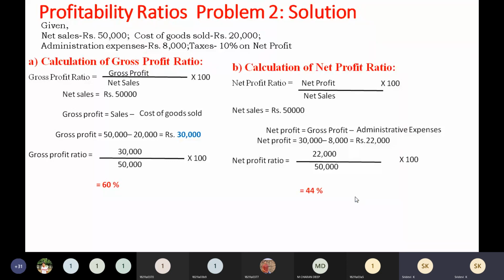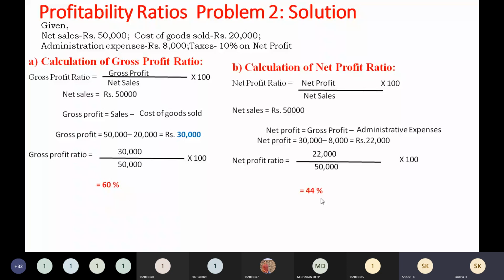Okay, so what these both indicate is that on net sales, the gross profit you are going to earn is 60%, and the net profit we are going to earn is 44%. We means here the company. The company for which you have taken the information is earning this much gross profit and net profit.